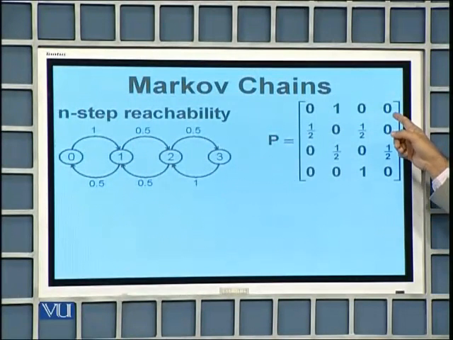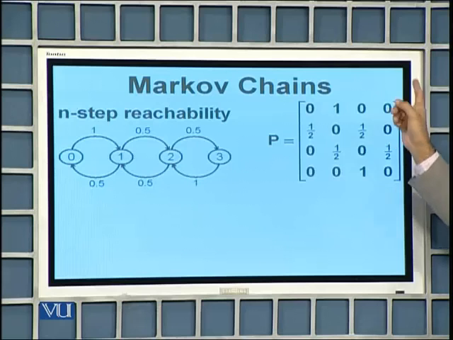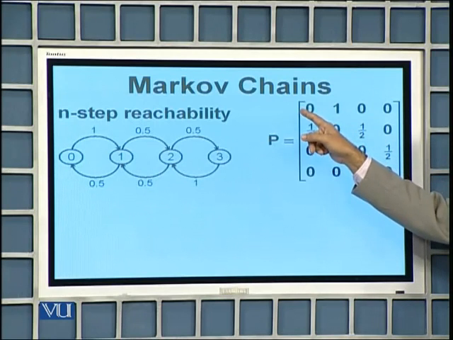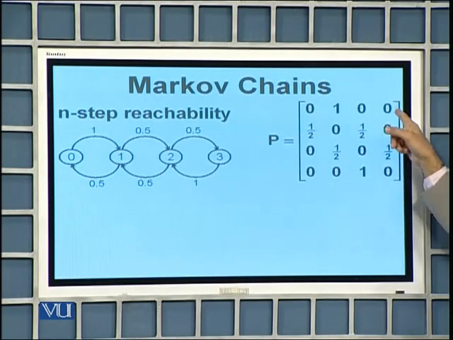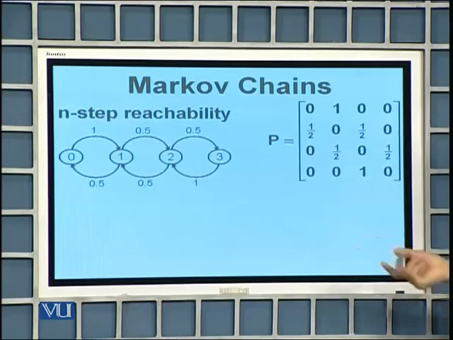You can interpret the meaning of a zero by looking at its location. This zero means you cannot move from state 0 to state 3 in one step. Of course, there is no direct link. But if you take a higher power, that is the 2-step or 3-step transition probability matrix, you might see different things. Let's have a look at these matrices.